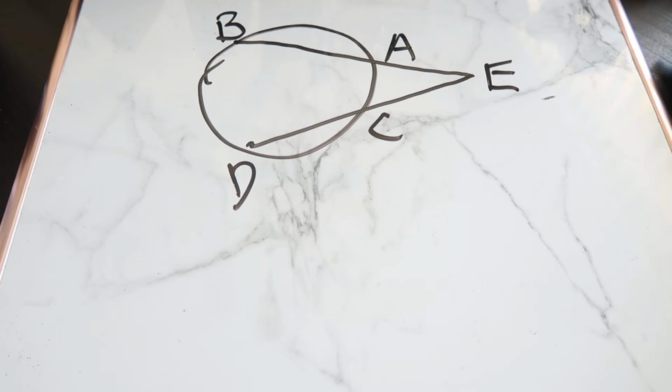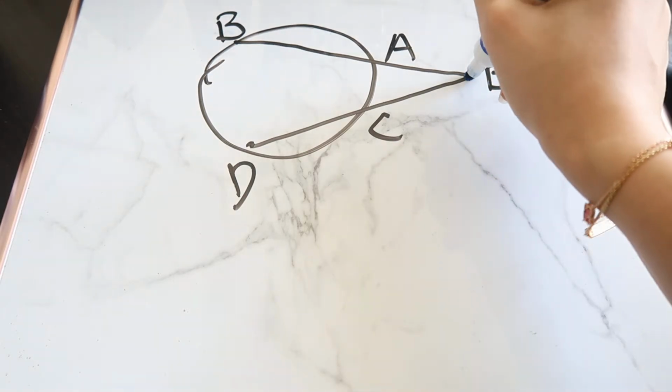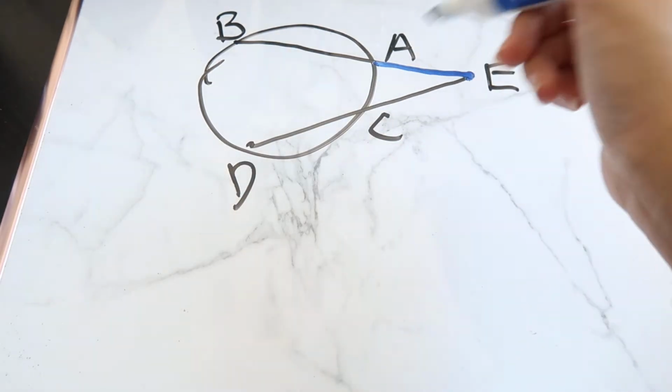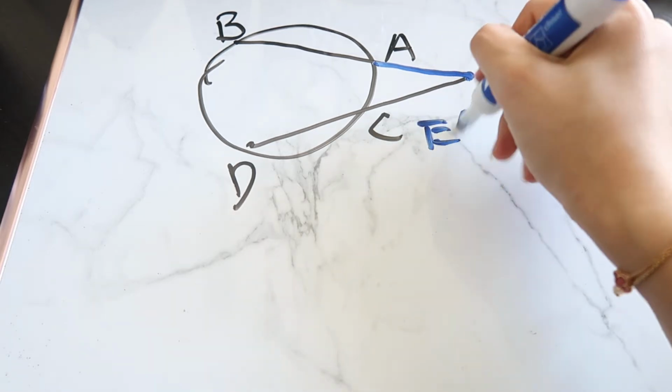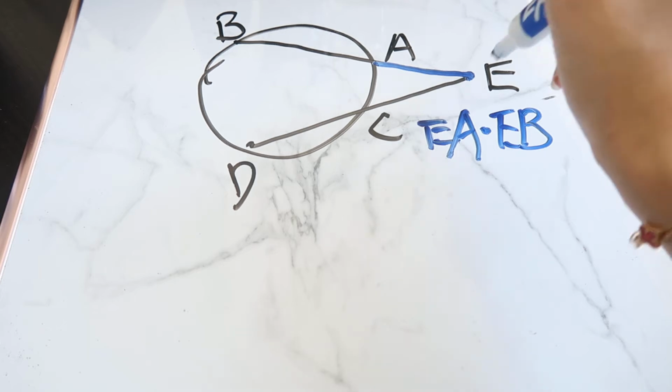And what we look at is that we still look at each segment separately, but the multiplication changes. If you see, we start from this point E, and we have E to A. So the formula goes, it's EA multiplied by EB.